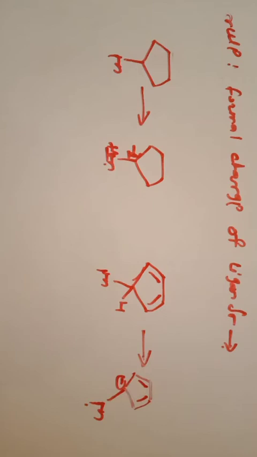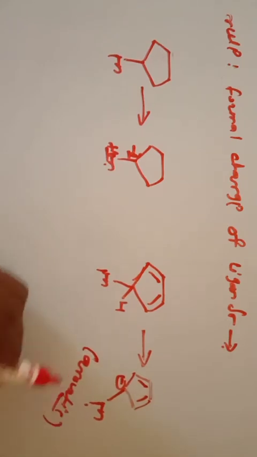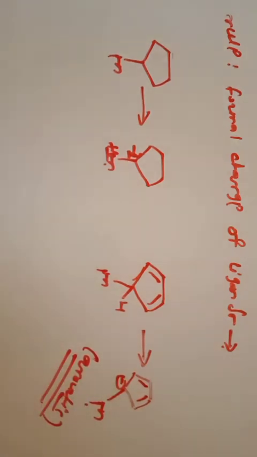So this negative charge is considered as a 2-electron species, and therefore it is an odd number of double bonds, a total of 3 double bonds, and whenever there is an odd number of double bonds, it will follow the aromaticity. That is, it is aromatic in nature. So the ligand must have a -1 charge, because for aromaticity the number of double bonds must be odd. So this is about the second rule.